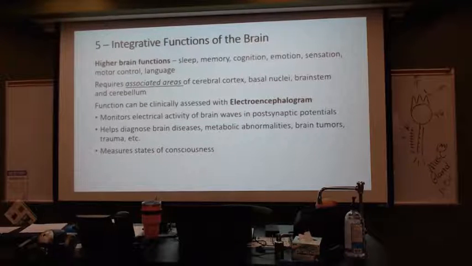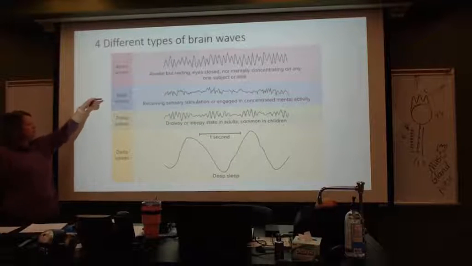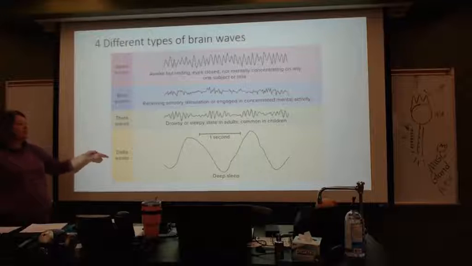So, if they look at the results, if something doesn't fall within the norm, they can begin to diagnose what could possibly be wrong. The types of waves that exist: alpha, beta, theta, delta.